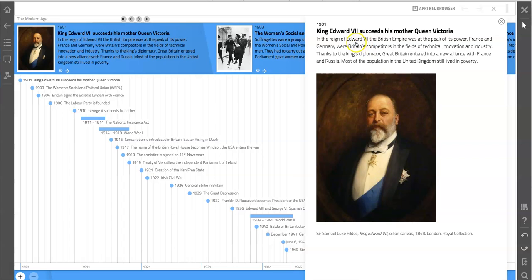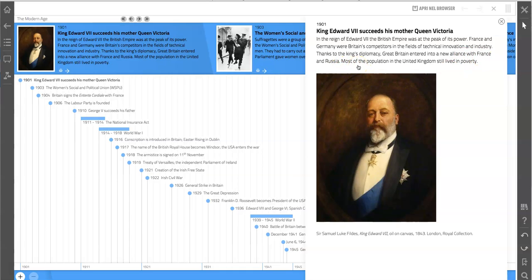During the reign of Edward VII, the British Empire was at its highest peak of its power, and France and Germany were Britain's competitors in the field of technical innovation and industry. Thanks to the King's diplomacy, Great Britain entered into a new alliance with France and Russia.